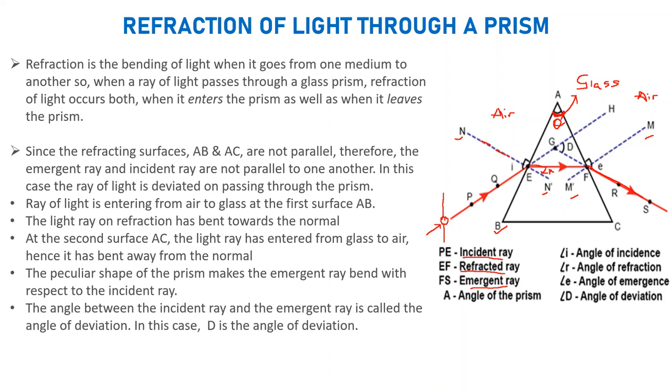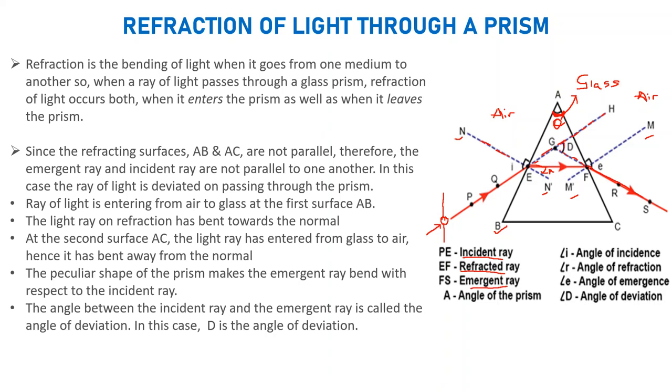And let us extend this incident ray. If I extend this incident ray behind, and if I see this emergent ray, let me extend this emergent ray behind. So I've extended this emergent ray behind and the incident ray behind.